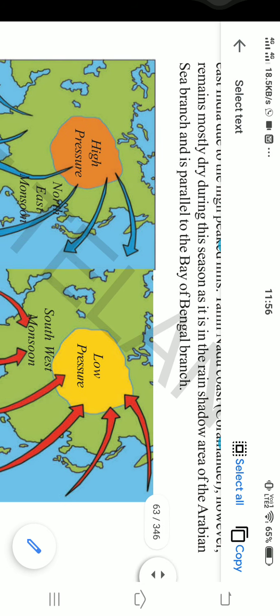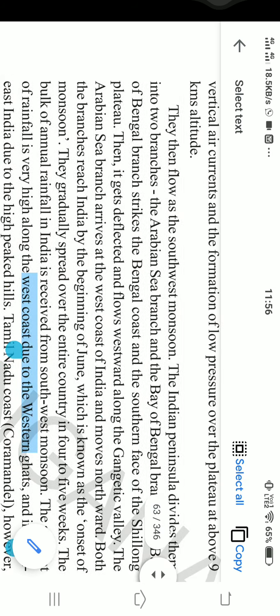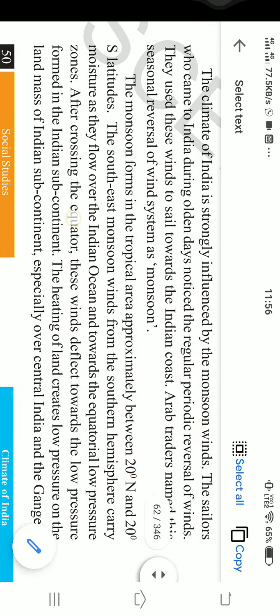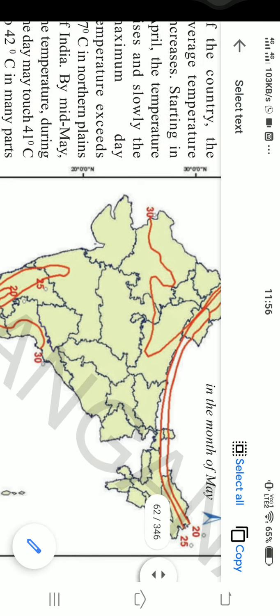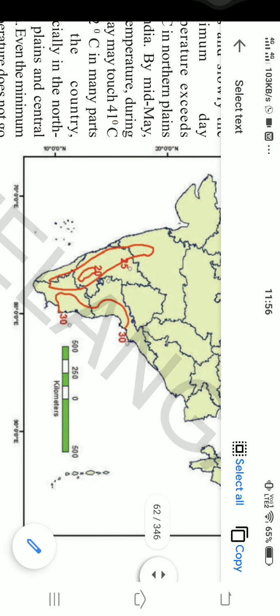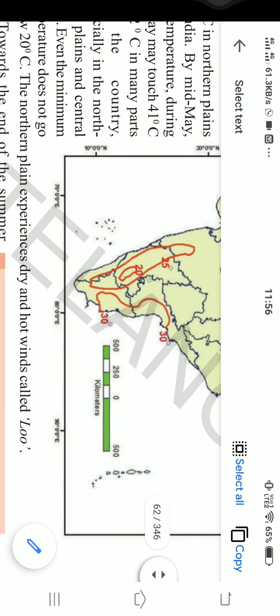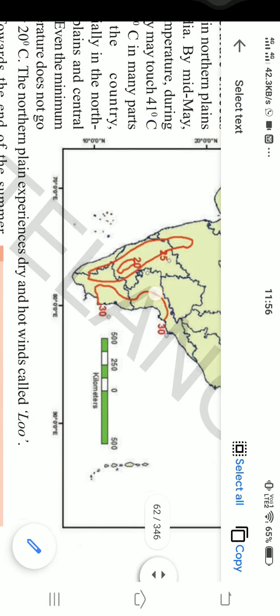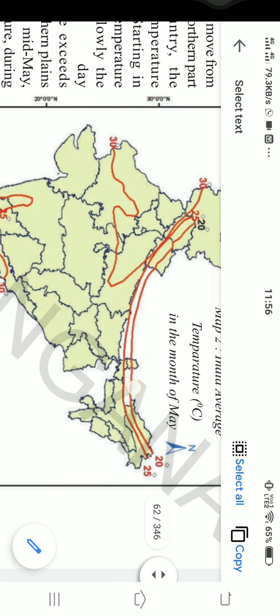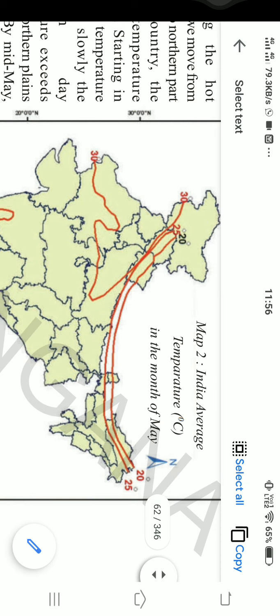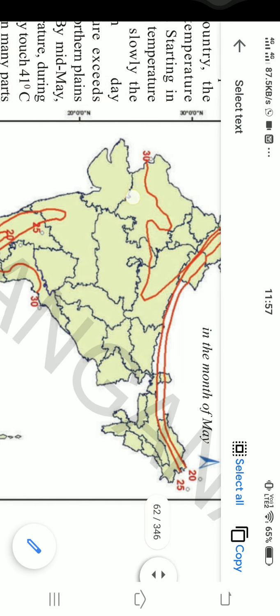Understand where it is? I'll show you, my dear students. Taking the India map here. Look here. This is the west coast, right? To the west of the Western Ghats, we have the vast coast. Here we see heavy rainfall, and also in the northeastern states there will be heavy rainfall.